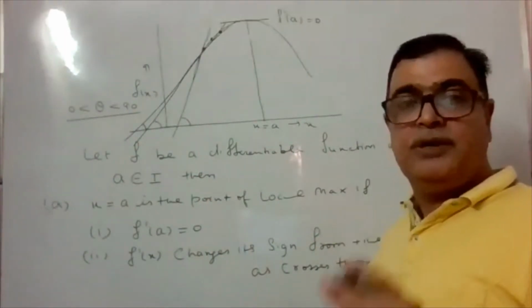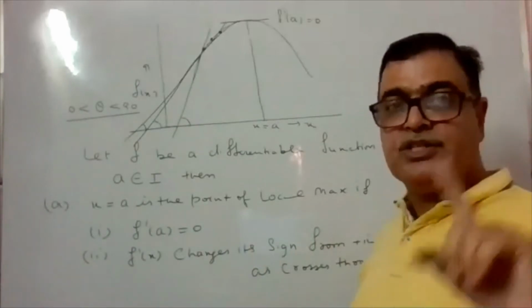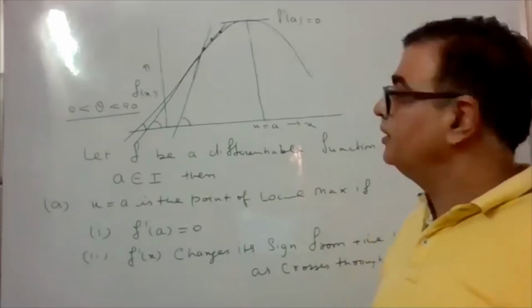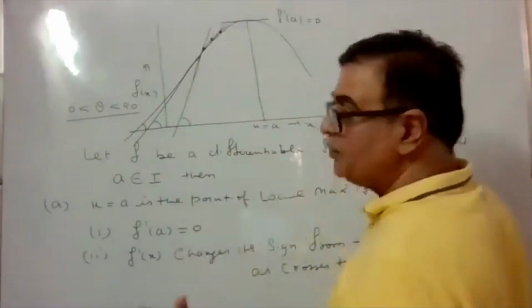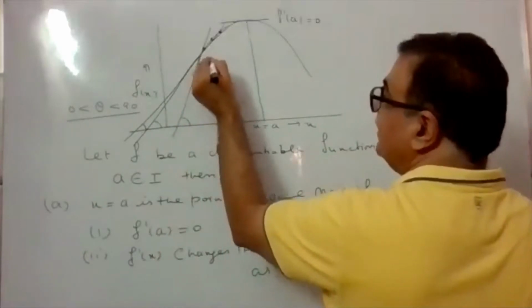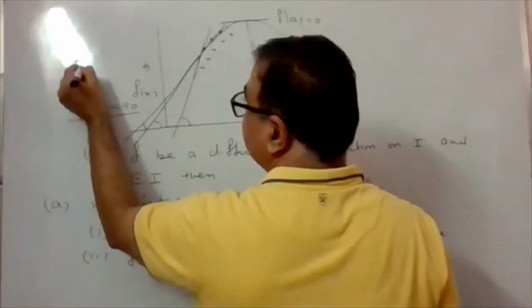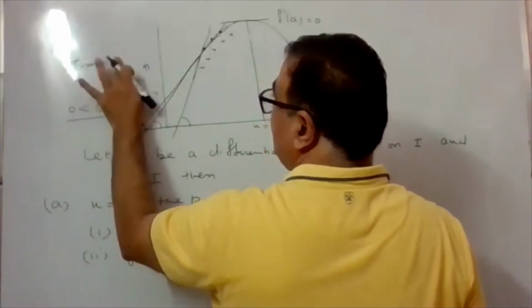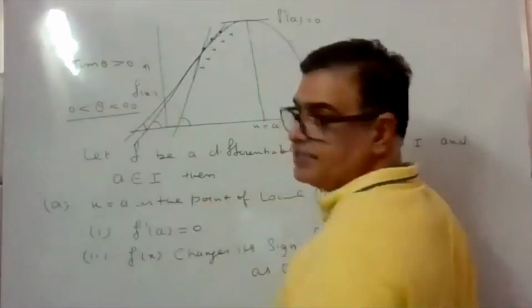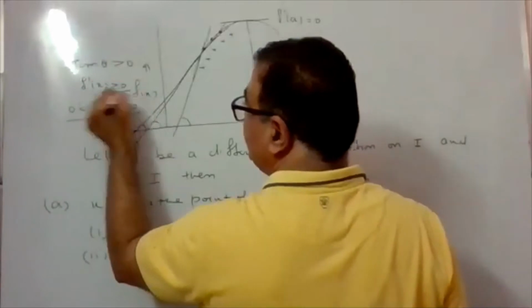If theta is between 0 and 90, then tan theta will be positive as it lies in the first quadrant. That means dy by dx, or the slope, that is tan theta, comes out positive, or I should say f dash x is greater than 0.